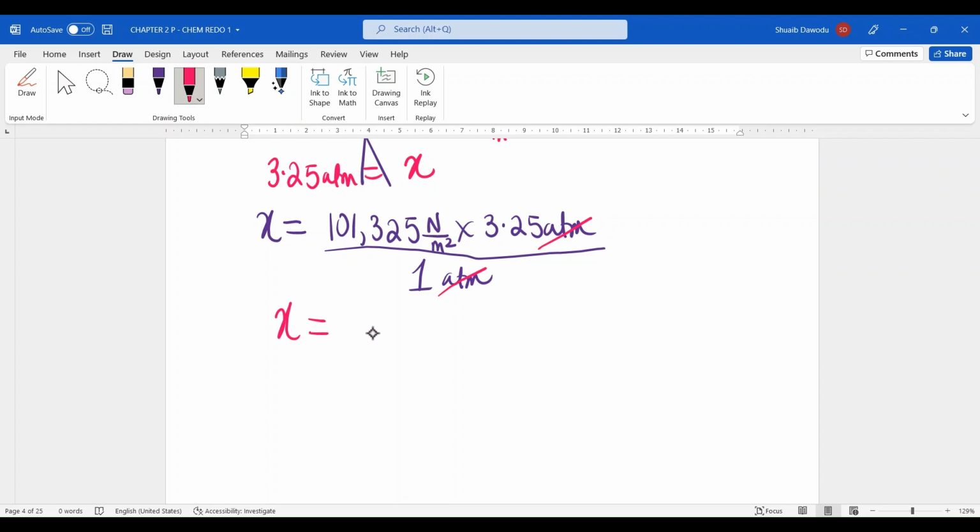You have 329,306.25 Newton per meter squared. So this is the value for pressure that we're going to substitute. Yeah, that is the answer.